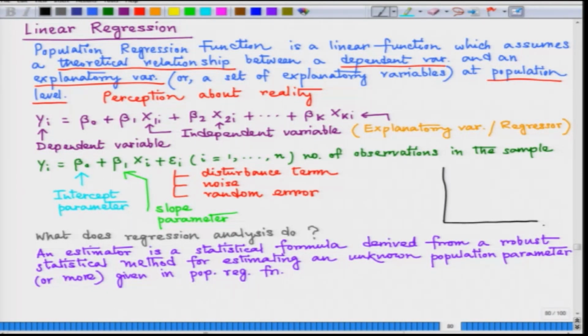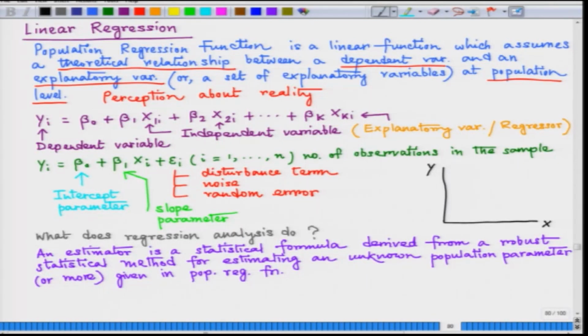Let me have the explanatory variable plotted along the horizontal axis and the dependent variable, or the variable of focus y, along the vertical axis. The population regression function says that there is some kind of linear relationship between these two variables.